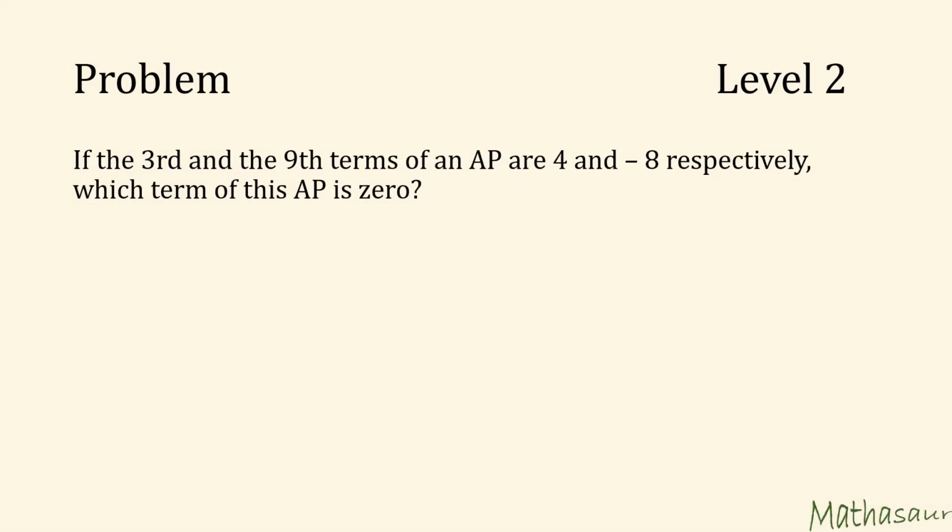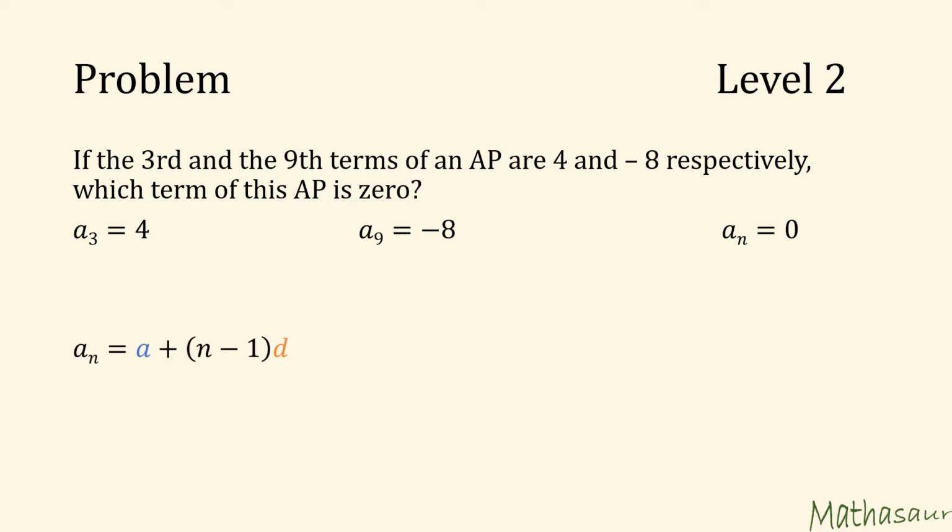Let us look at another problem. If the third and the ninth terms of an AP are 4 and minus 8 respectively, which term of this AP is 0? Now the third term, a3, is given as 4. And the ninth term, a9, is given as minus 8. And we have to find the term 0. So we are given an equals 0 and we have to find the value of n.